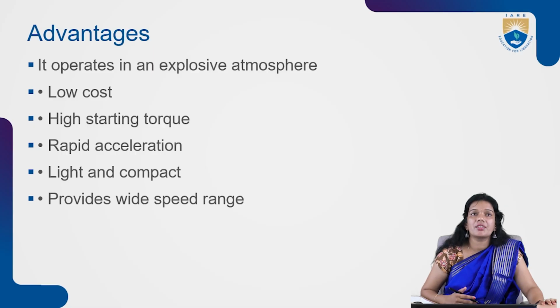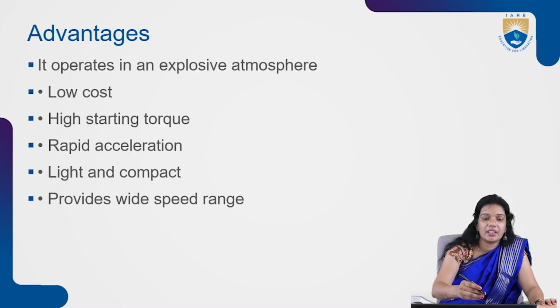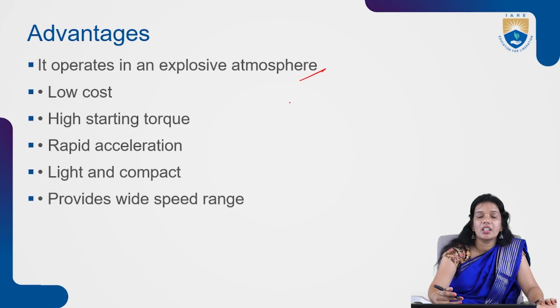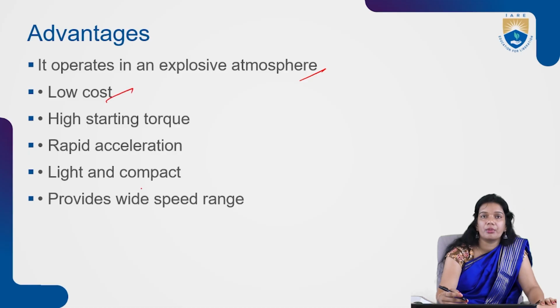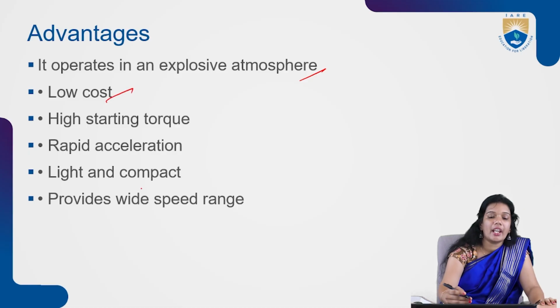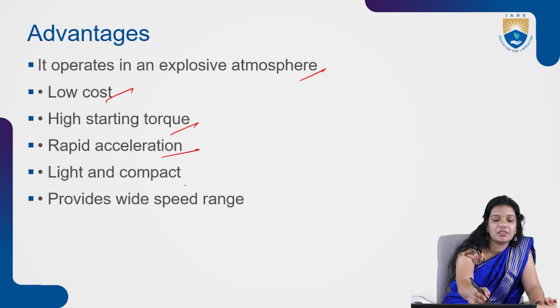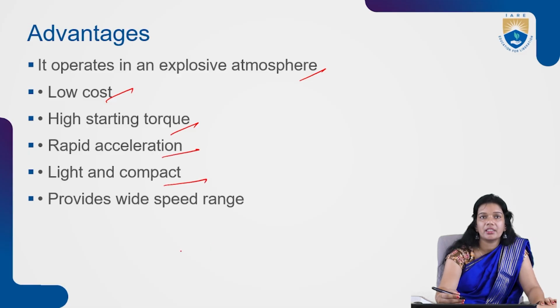The advantages of this sliding vane motor are that it can operate in an explosive atmosphere, it is of low cost, and it has a high starting torque. You have rapid acceleration, it is light and compact, and it also provides a wide speed range.